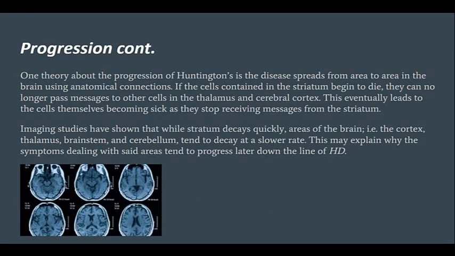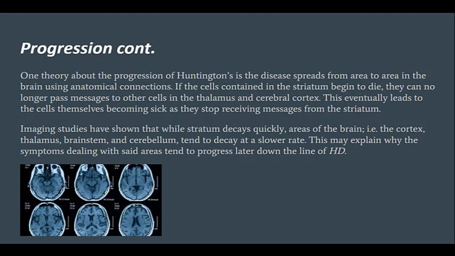There's a couple of theories of how it progresses. One of the main theories is that the disease spreads to areas in the brain using anatomical connections. If the cells contained in the striatum begin to die, they can't pass messages to other cells in the thalamus or the cerebral cortex. This eventually leads to the cells becoming sick themselves when they stop receiving messages from the striatum.